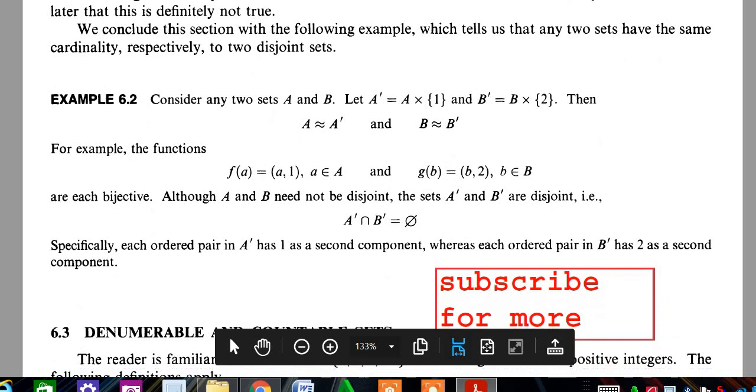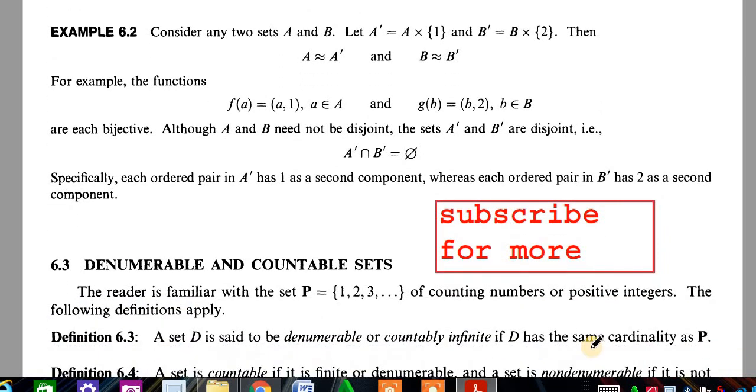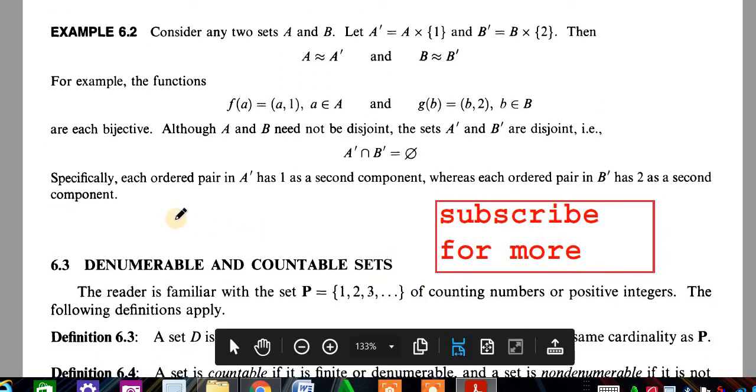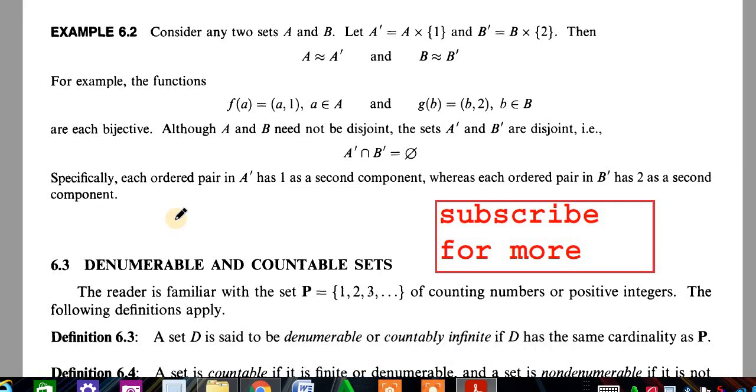Our next topic will be denumerable or countable sets, and uncountable sets.